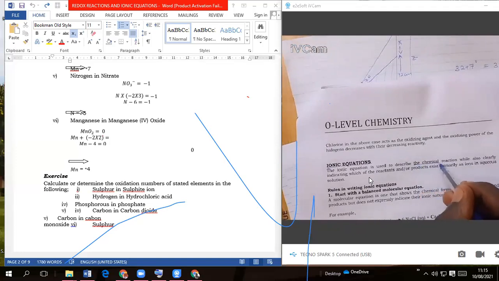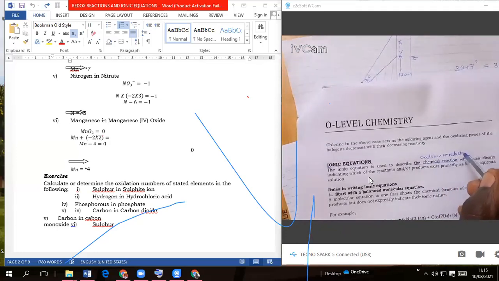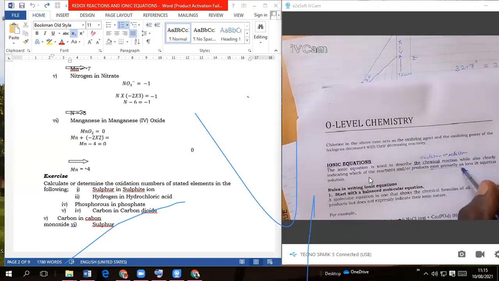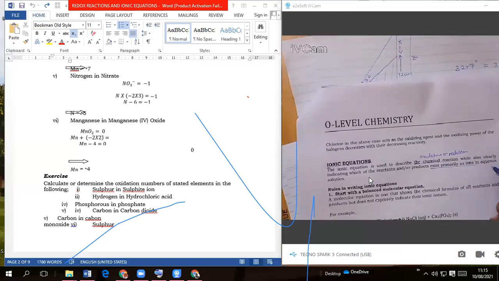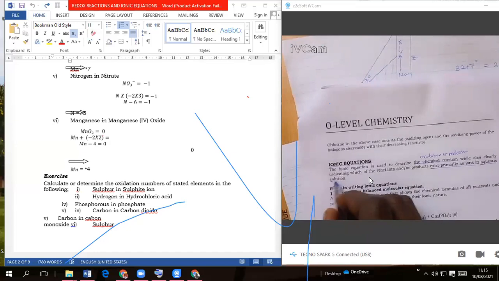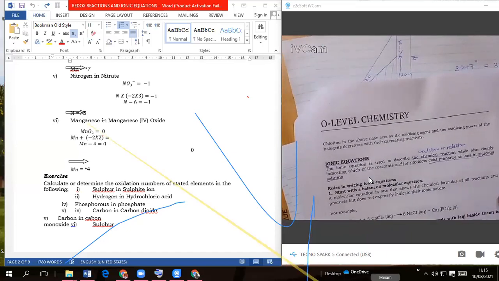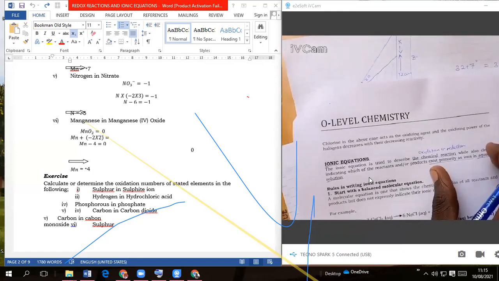It shows you the chemical reaction, whether it is oxidation or reduction. That is how it shows you how the chemical equation occurs, while also clearly indicating which of the reactants or products exist primarily as ions in an aqueous state. Which of those ions really get involved in the reaction in that equation?